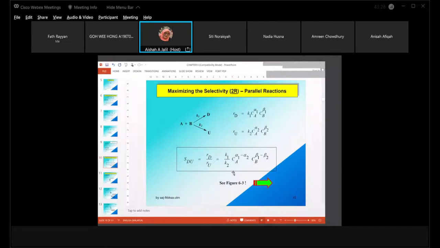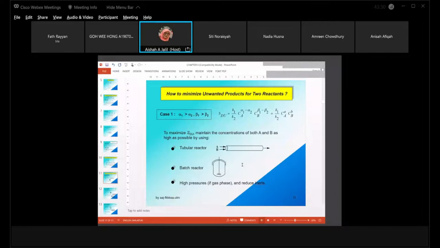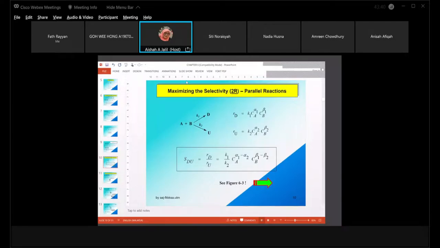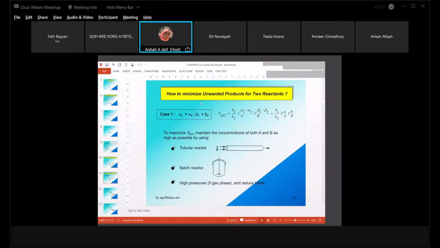Figure 6.3 in the textbook, you can see all the types of reactors. Now you have this one, for two reactants A and B. So how to minimize unwanted products for two reactants? Minimizing the unwanted product is the same as maximizing the desired product.